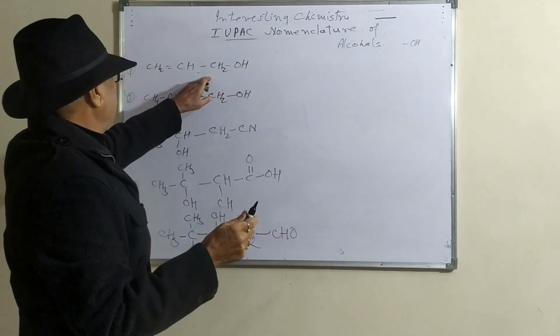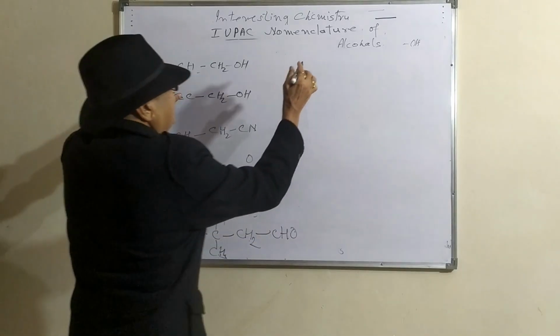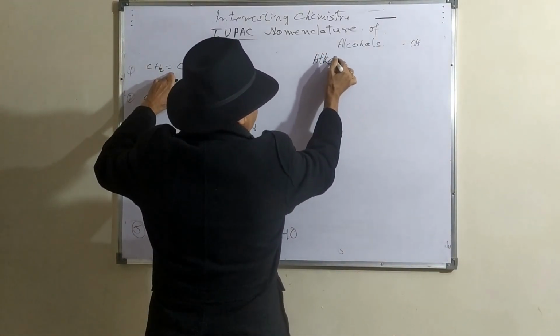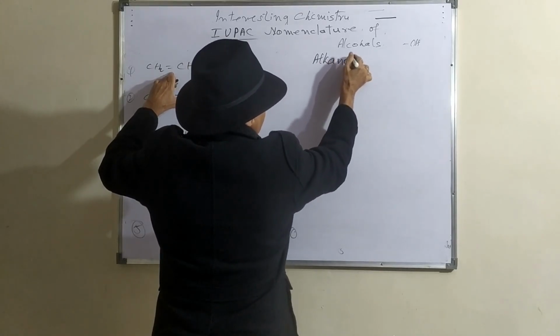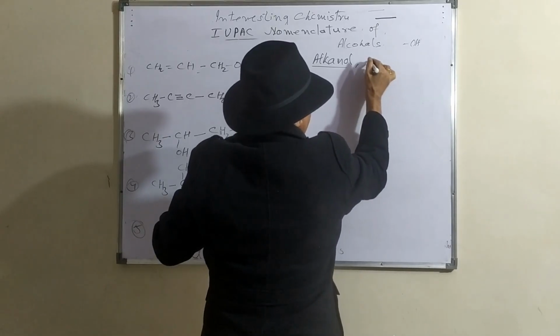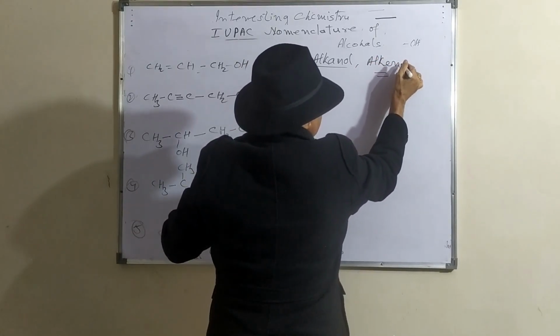When all the bonds are single, the name will be alkanol, and if you find a double bond, then the name will be alkenol.